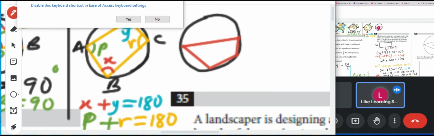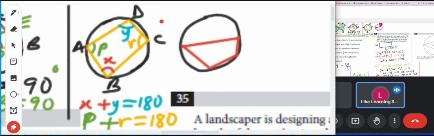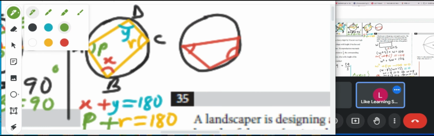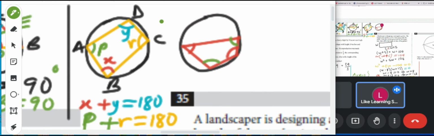This is a cyclic quadrilateral because the four sides 1, 2, 3, 4 are inside a circle. So these opposite angles, this and this, must give you 180 when you add up. I didn't say they will be equal, but they will sum up to 180. Also, the other opposite angles, this and this, must sum up to 180.